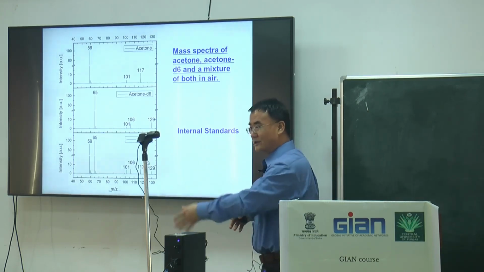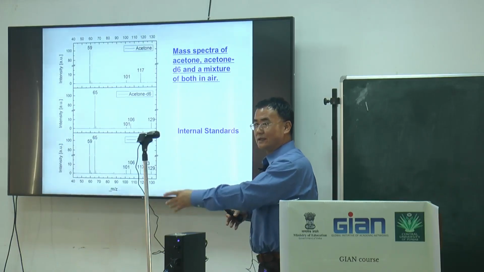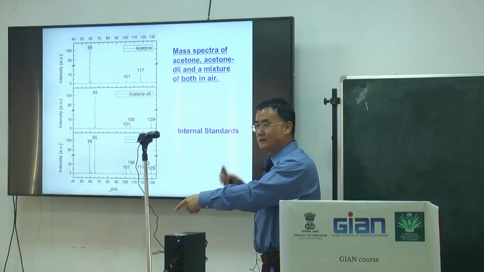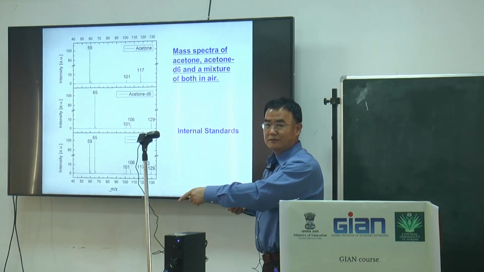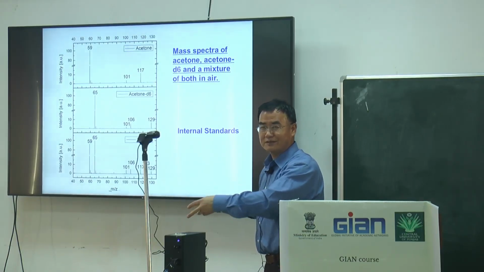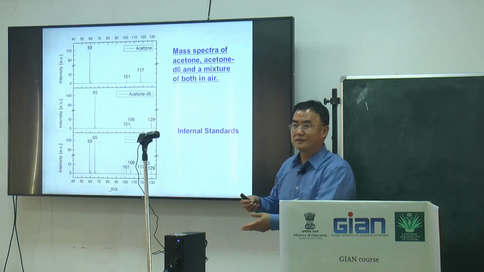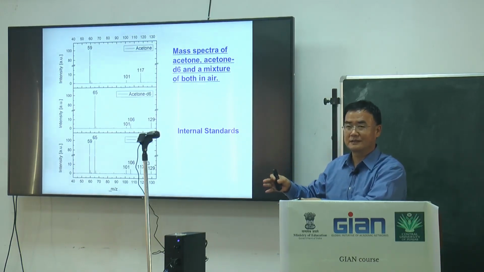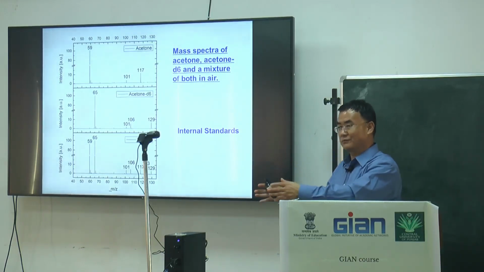You can clearly see that jasmonate with carbon 13 or carbon 12 is different, every part is different.